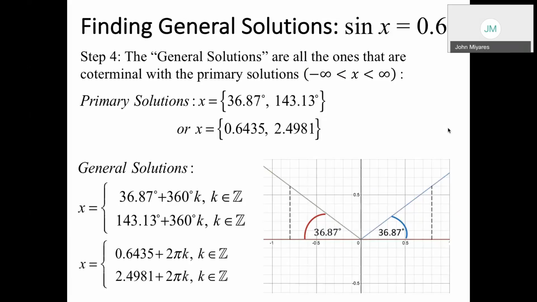Now, because this is a sine function, we can't consolidate the two sets of solutions into one very easily like we did with tangent. With tangent, the angles all had a common difference of 180 degrees. So when we consolidated the two general solutions, we could combine those arithmetic sequences together and simplify the expression further.